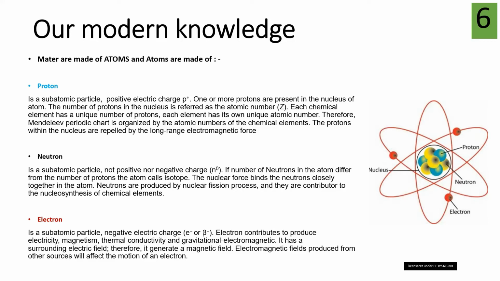It has a surrounding electric field, and therefore it generates a magnetic field during its motion. And the electromagnetic field produced from other sources will affect the motion of the electron inside the atom of the element.